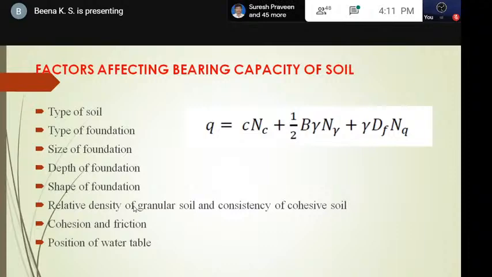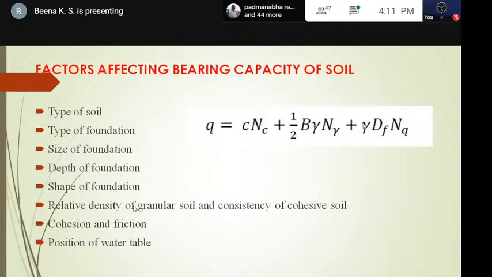Now these are some of the factors affecting bearing capacity, we said. Last class we saw this slide, but now I think you can appreciate it more with the help of these bearing capacity equations. The type of soil, type of foundation, size of foundation, depth of foundation, shape of foundation, because we have derived it for different shapes also, and the relative density, cohesion and friction angle c and phi.